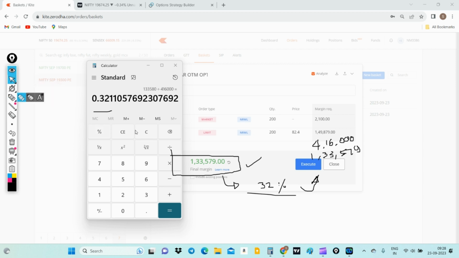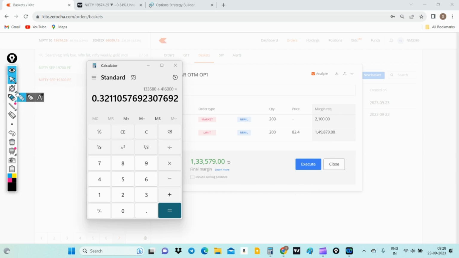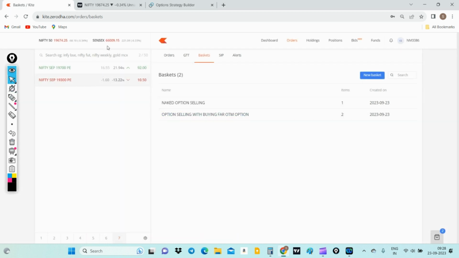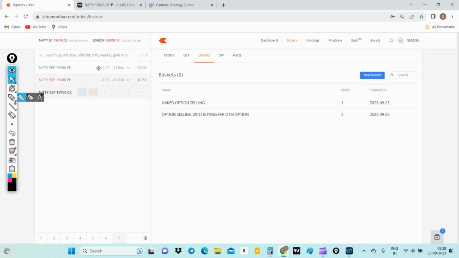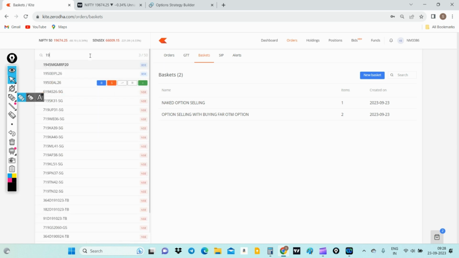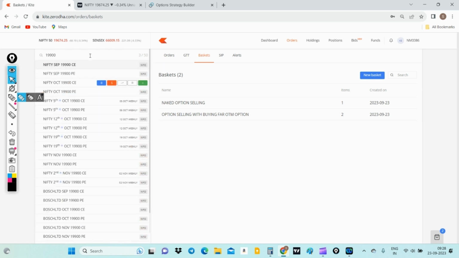And it is not applicable only to put selling; it is applicable on a similar basis to the call option. Now, if I want to sell a 19,700 call, I'll add this 19,700 and then go with the 19,900 or 20,000 call option, far out of the money.